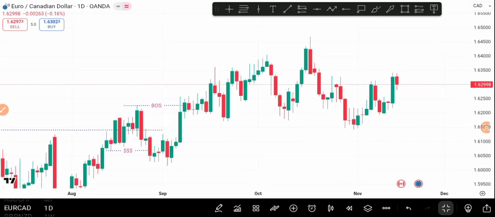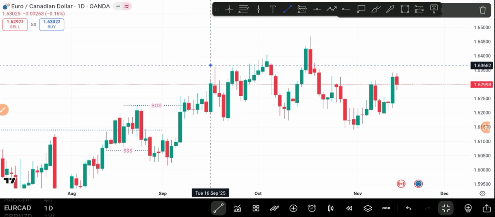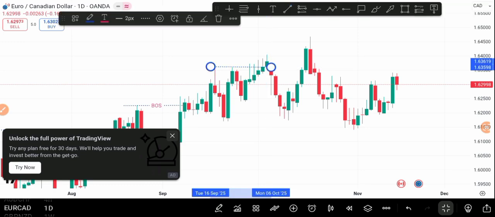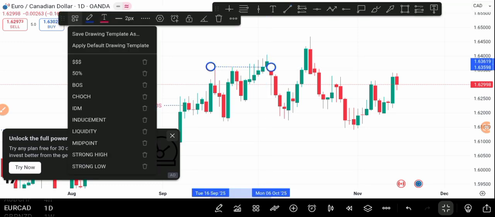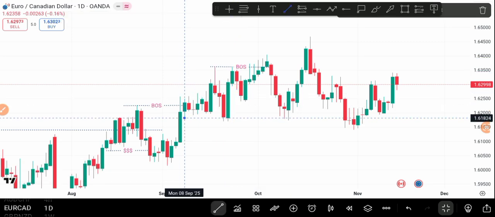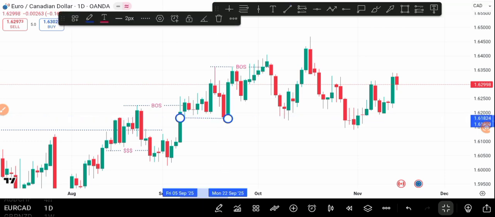And then the price went up, broke this structure after taking liquidity, as we said. So this is a valid break of structure after taking this liquidity. Let me just mark it, taking this liquidity here.